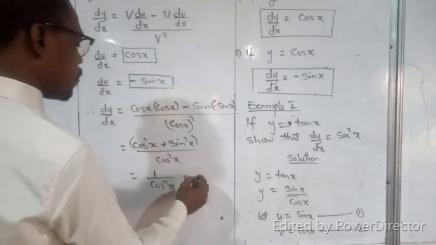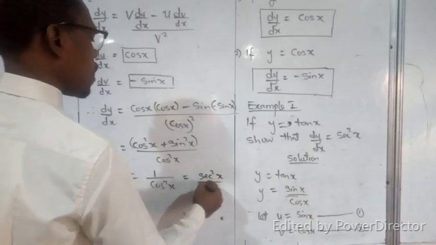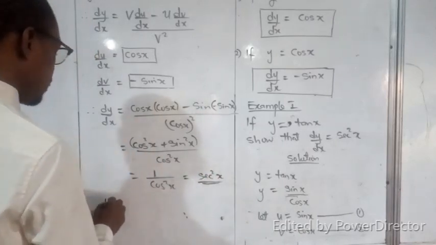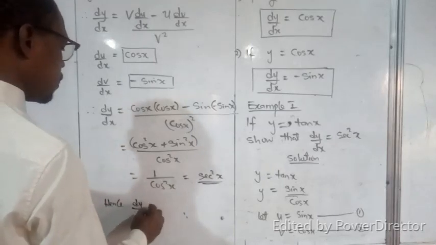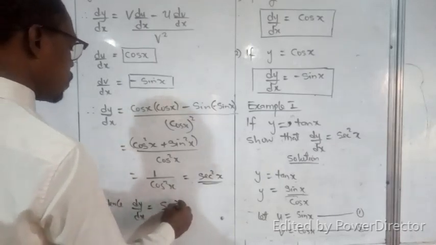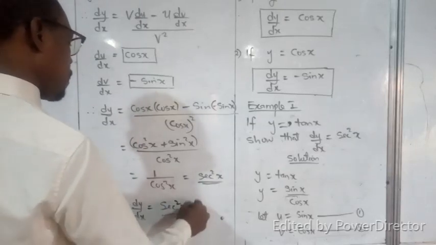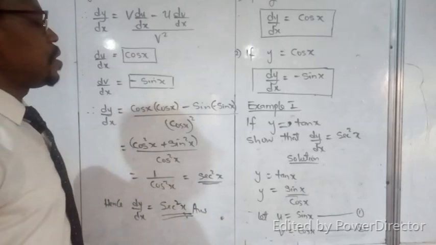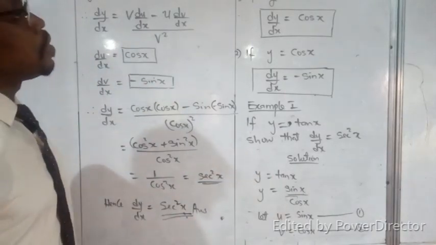So this one will give us sec square x as required. Hence, dy dx is equal to sec square x. So this is how to derive the trig ratio function.